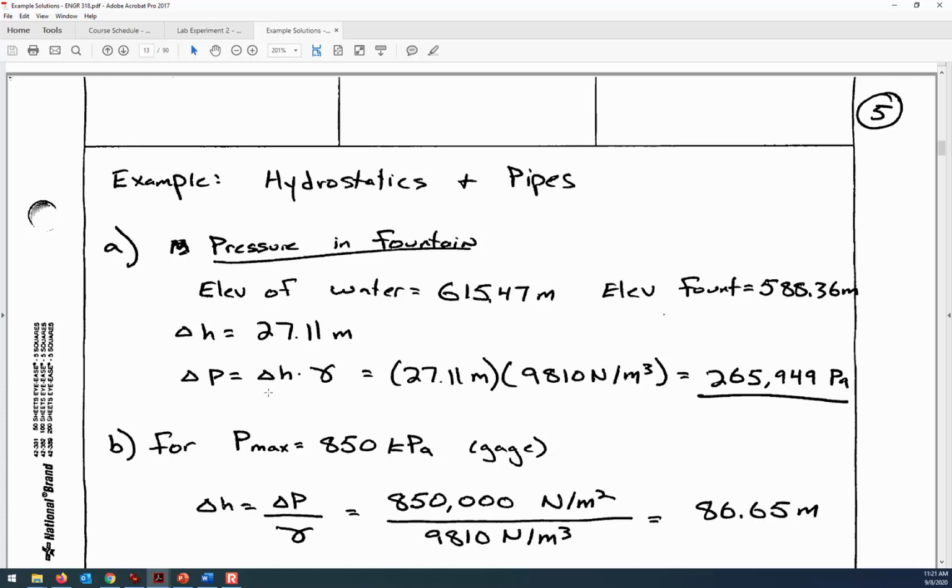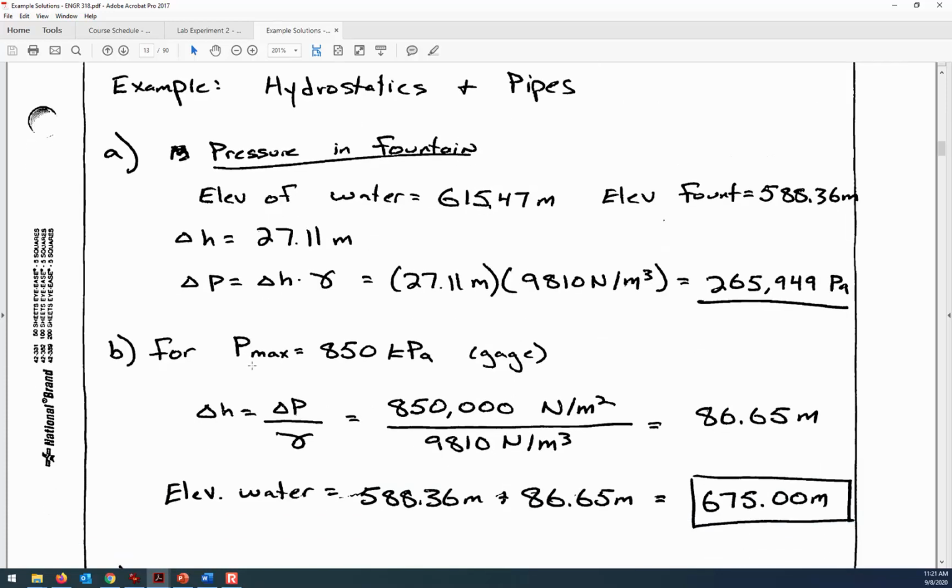So in absolute terms, relative to whatever this datum is that we're measuring, I guess it's probably sea level, the water surface can go up to 675 meters.